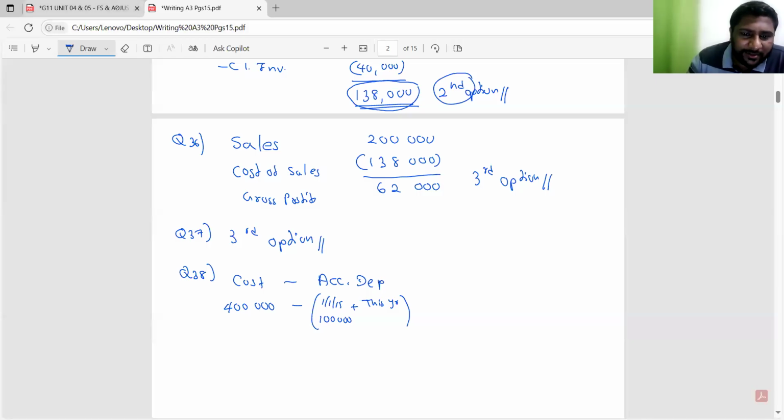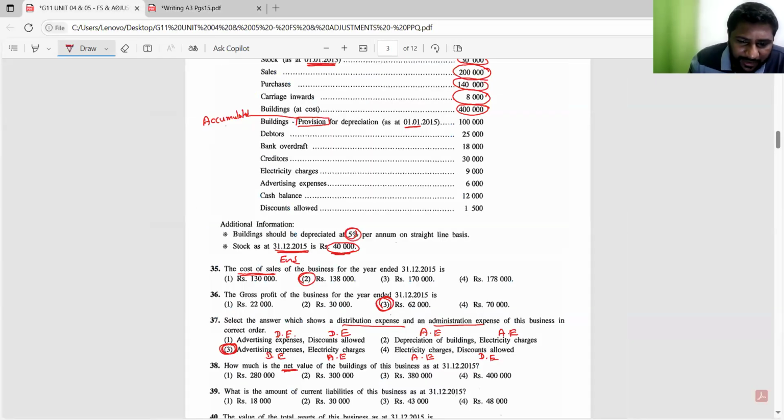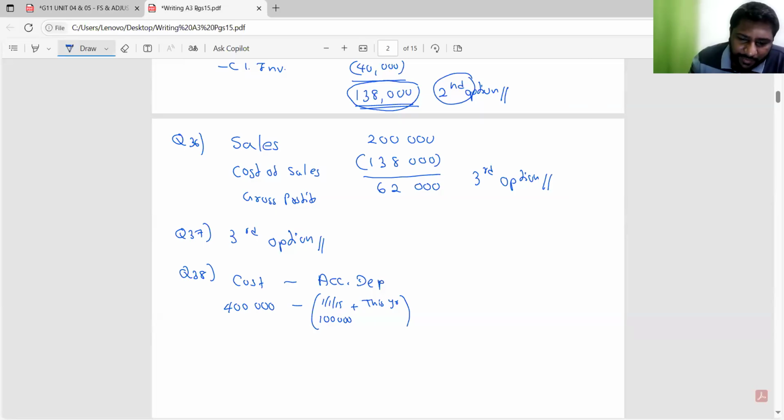So how much is this year's depreciation? They are telling 5%. 400,000 at 5%. 10% would be 40,000, so 5% is 20,000.